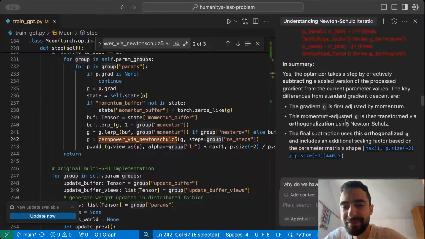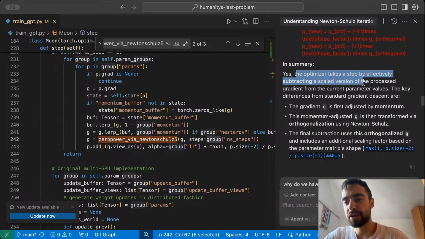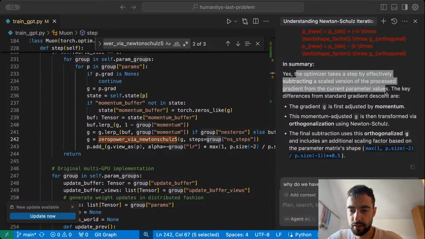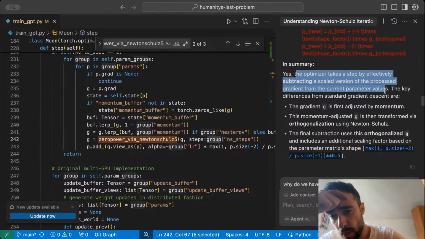I don't know what. Okay, in summary, the optimizer takes a step by effectively subtracting a scaled version of the processed gradient from the current parameter values. The key differences from standard gradient descent are: gradient G is first adjusted by momentum. Momentum adjusted G is then transformed via orthogonalization using Newton-Schultz.